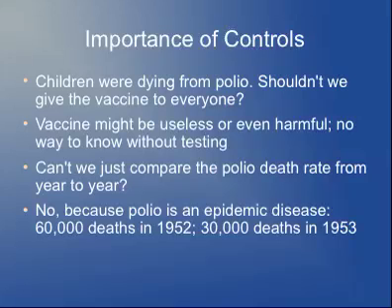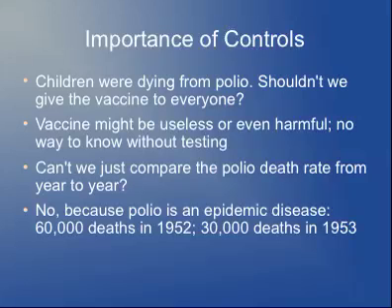who aren't getting the vaccine. So one might think, well, okay, we could still just vaccinate all the kids and compare the death rate from polio from one year to the next year. Well, then time becomes a strong confounding variable. Because polio is an epidemic disease, the death rate can vary drastically from one year to the next. You see on the slide here, there were 60,000 deaths in 1952.